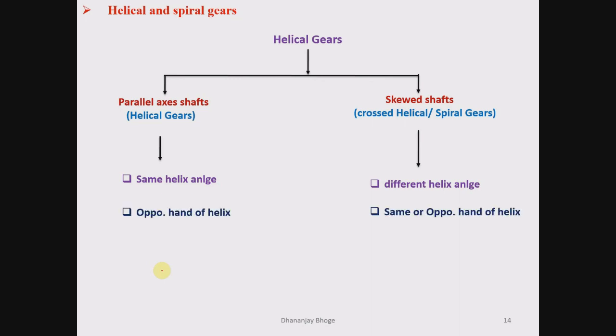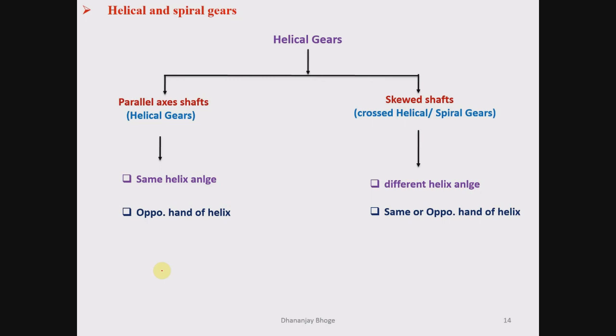Okay, next, for parallel axis shafts, two mating helical gears must always have opposite hand of helices. You cannot mesh right hand gear with right hand helical gear. Okay, you have to mesh left hand gear with right hand.